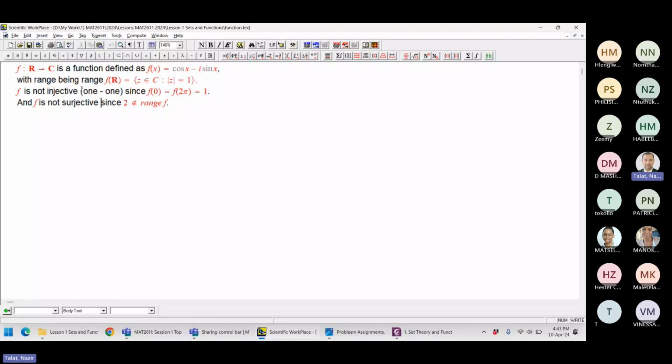And surjective is another name for onto. This function is also not onto, because in the complex numbers we also have 2, but there is no 2 belonging to the range set of f.